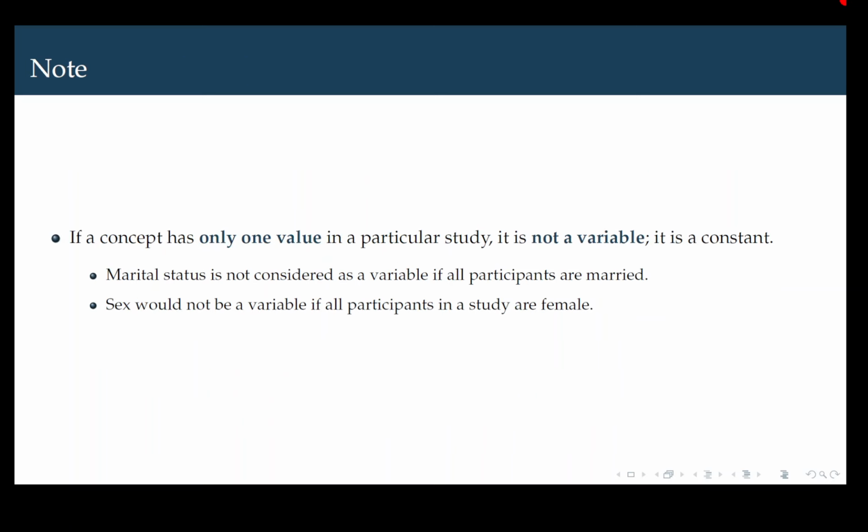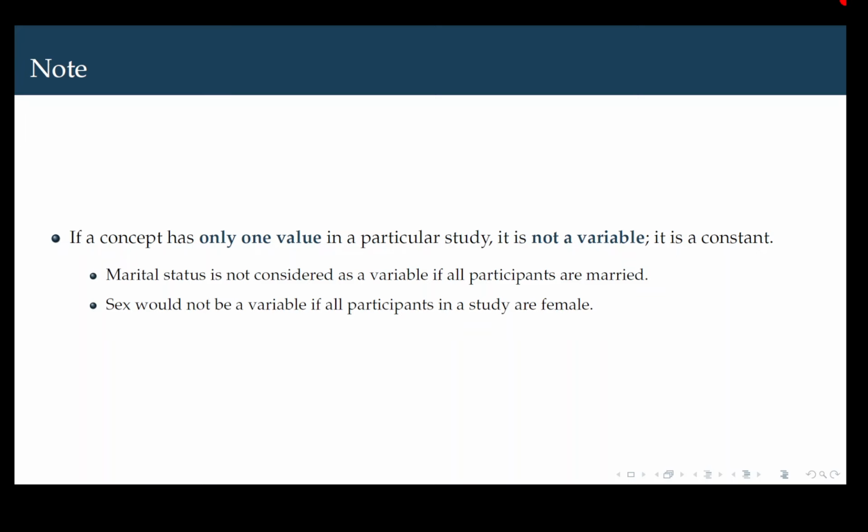In general, in the definition we have said that a variable is any characteristic that can assume different values, or a variable is nothing but a characteristic that can assume at least two different values. But if a characteristic assumes only one value in a particular study, that characteristic cannot be considered a variable. Rather, that is a constant. For example, marital status, by definition, is a variable.